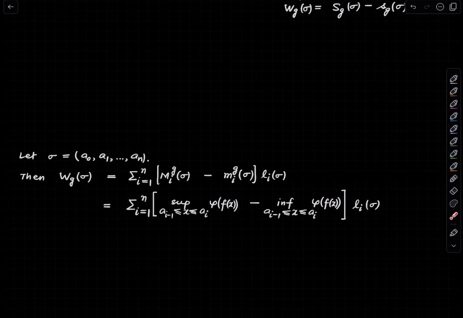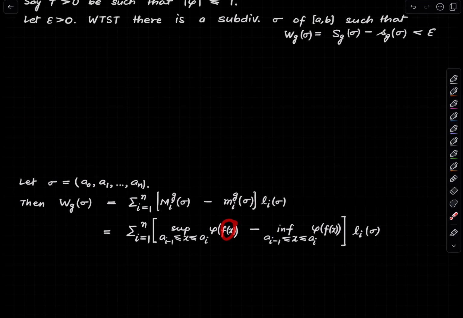So we need to choose a sigma suitably, but we do not have a direct control over the oscillations of f. We only know a global property about f, the fact that it is Riemann integrable. That's all we know. So we have to exploit that, or we have to locate our suitable subdivision by exploiting that global property of f.